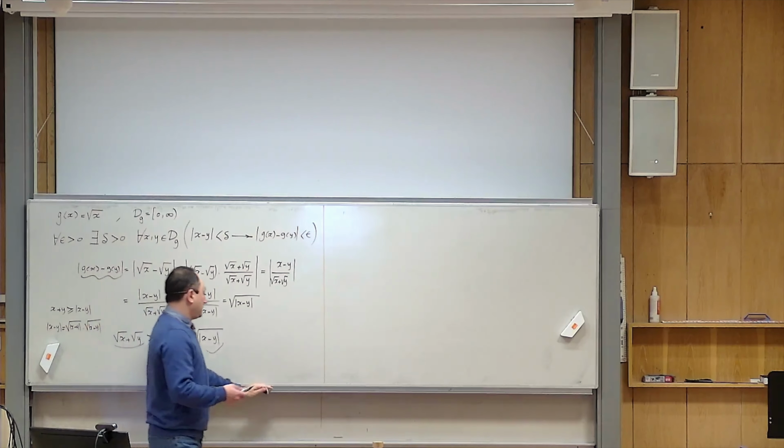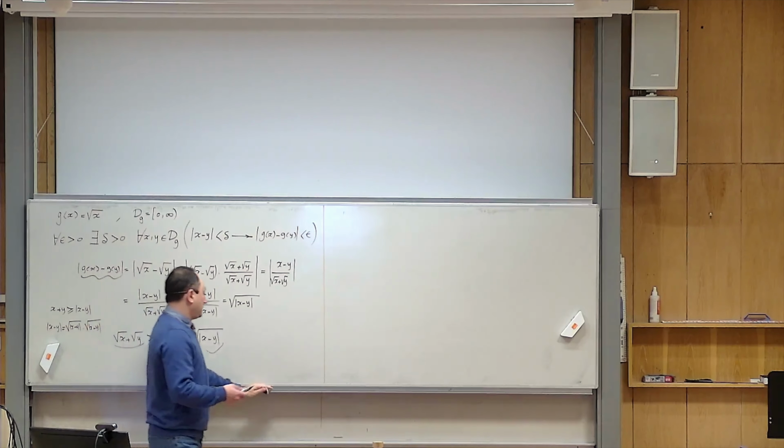So, in other words, what is this? I would say that epsilon is given. I want to fine-tune this delta, which is positive, if possible, so that for any pair of x and y in the domain of G, which is 0 to infinity, if the absolute value of x minus y is less than delta, which I still don't know, then this expression becomes less than epsilon.